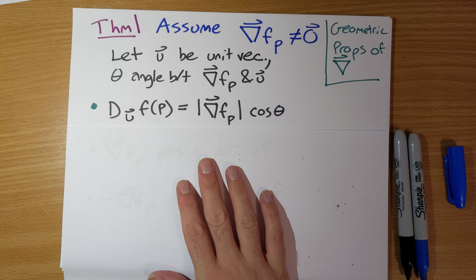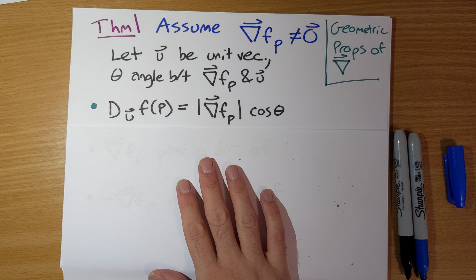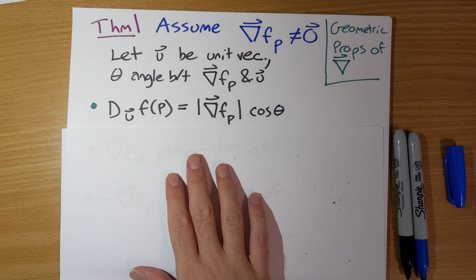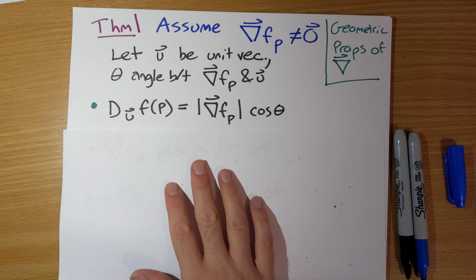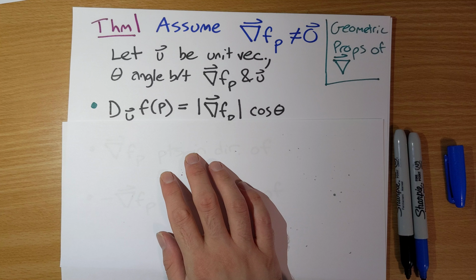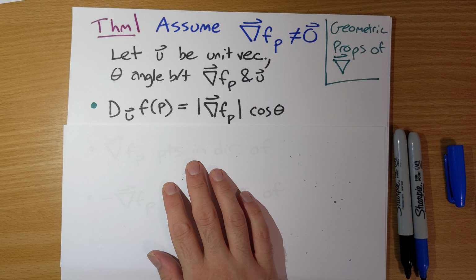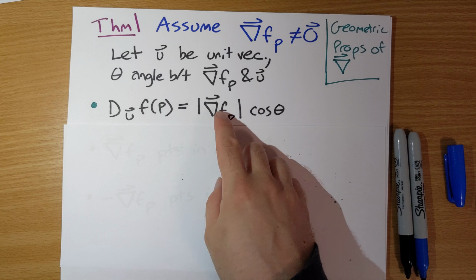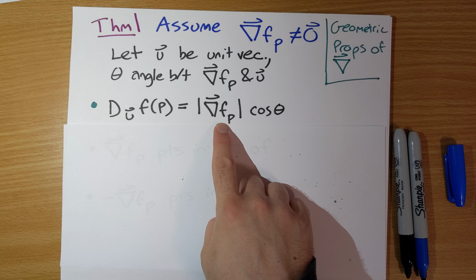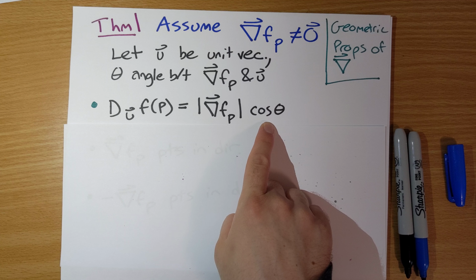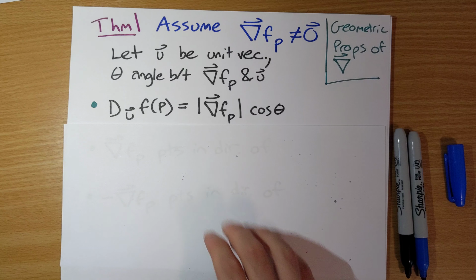So the first thing is just recopied from the previous slide here. One way we can express the directional derivative is the length of the gradient times cosine theta, where theta is that angle.